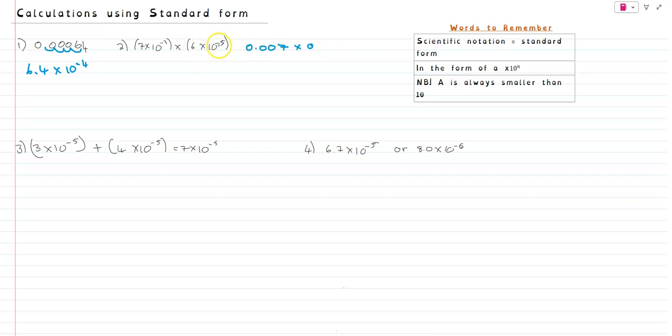How many times do we jump? 5 times. So let's see. 1, 2, 3, 4, and 6. So there are 5 jumps. Okay, now we can multiply this equation. So we say 7 times 6 would be 42.